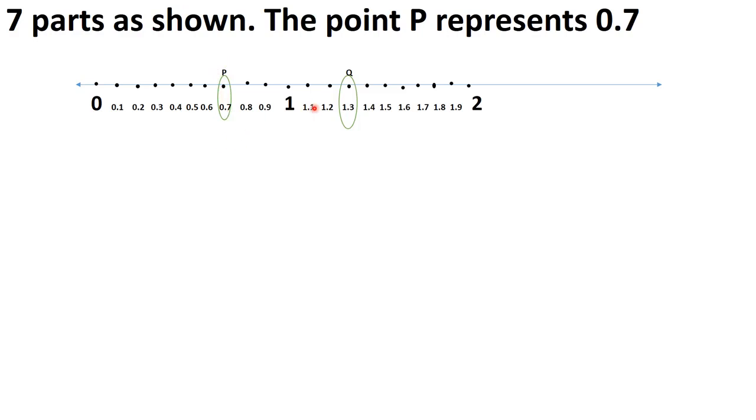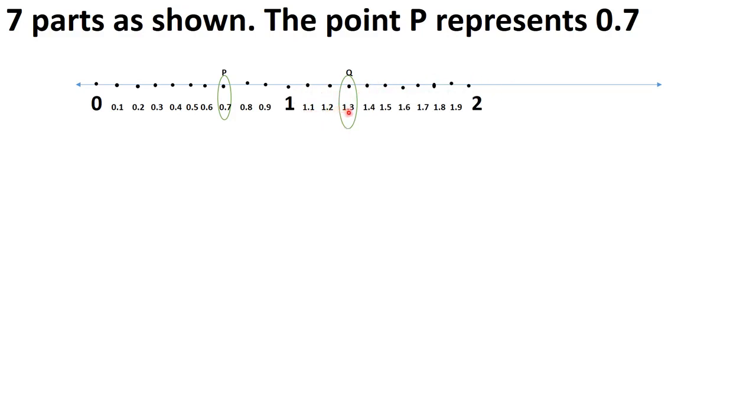Now see, next we are given 1.3. 1.3 lies between 1 and 2 because it is more than 1 but less than 2. So again we will divide the gap between 1 and 2 into 10 equal parts. So it is 1.1, 1.2.